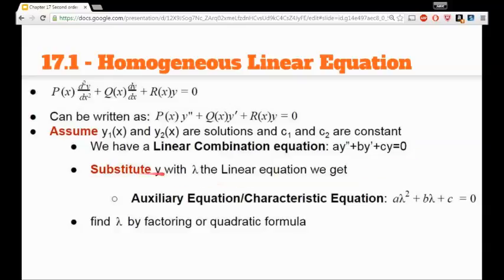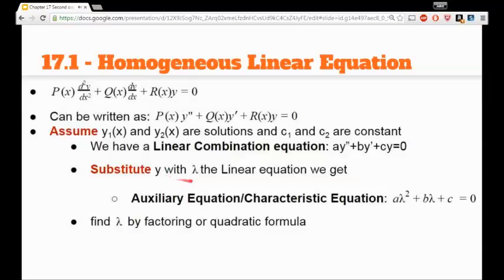Now we substitute y with lambda in the linear equation. We get an auxiliary equation, also known as the characteristic equation of a second order homogeneous linear equation, which is a lambda squared plus b lambda plus c is equal to 0.